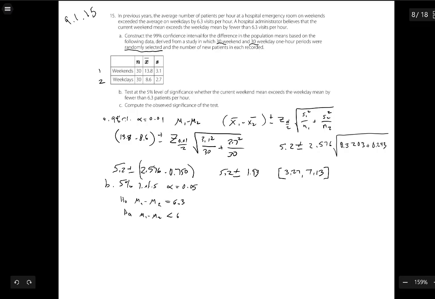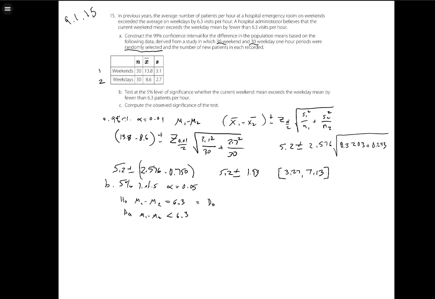Looking at that 6.3, that's going to be D0, the difference in the null hypothesis. That's the value we'll look at in the test statistic equation in just a moment.